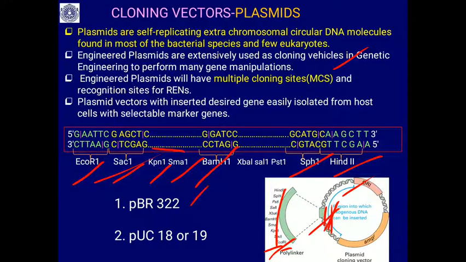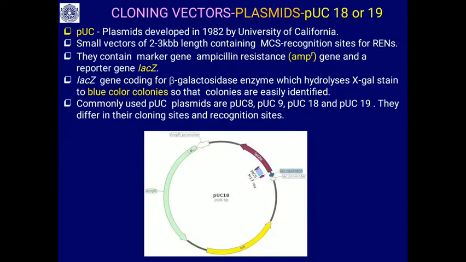I discussed plasmid pBR322 in my last video. Today I am going to discuss plasmid pUC 18 or 19. pUC plasmids were developed in 1982 at the University of California. P for plasmid, U for University, C for California.